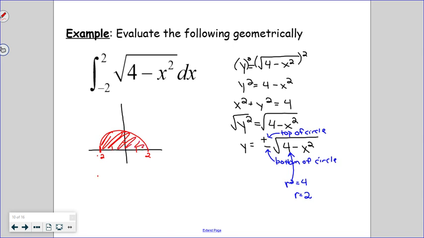Well, I can go back to my geometry days and remember the formula for the area of a circle is pi r squared. But we're only doing the top half of it, so I'm going to put that 1/2 in there as well. Our radius is 2. 1/2 times pi times 2 squared, or 4, is 2 pi.